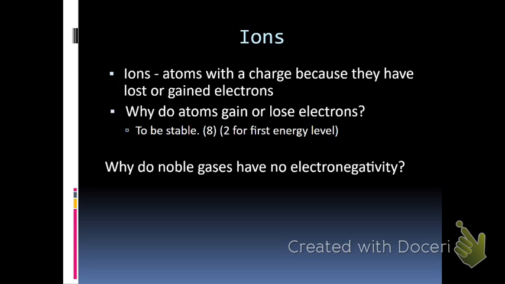The reason is electronegativity is measured as the control over bonding electrons. So we measure electronegativity when two atoms are bonding. Because noble gases do not bond, we never measure the electronegativity. So there's no electronegativity because there's no bonding for those group 18 or noble gases.